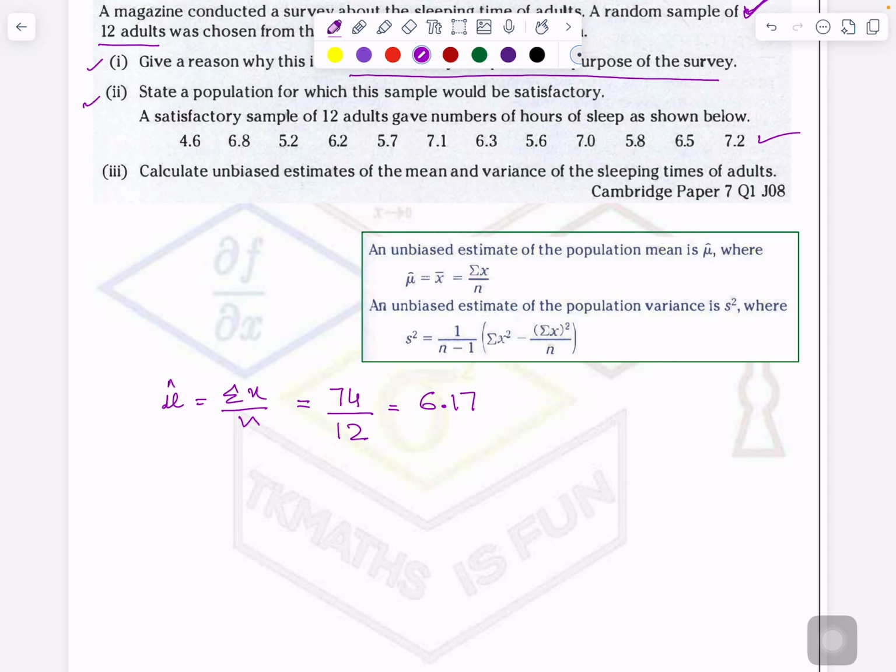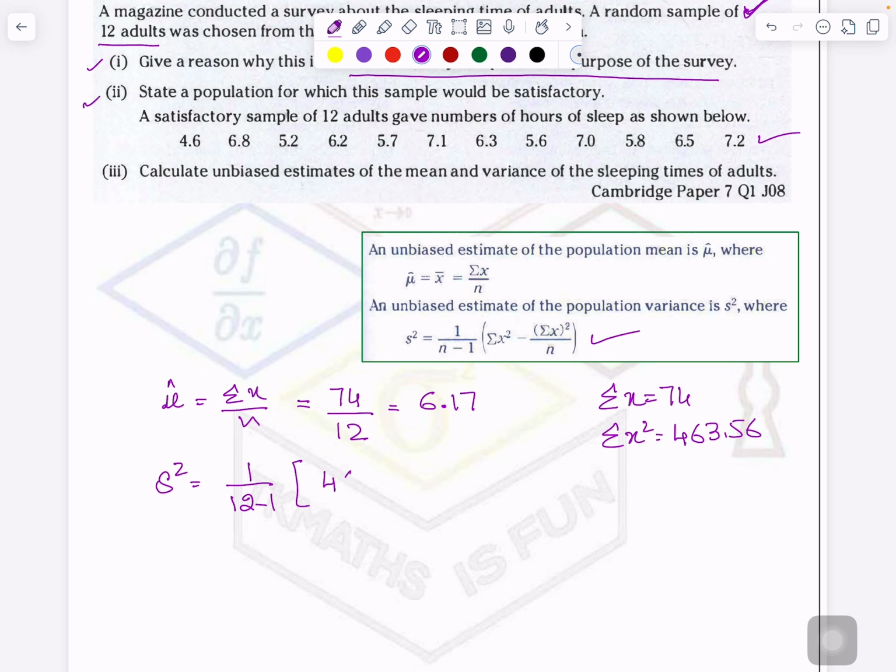Okay. Now I have to find the variance. So I will use the same formula I have written here: 1 divided by 12 minus 1, times sigma x squared. Sigma x came 74. Now let me use the calculator again. I will square all these values. Okay, give me a second. You can do it, maybe you do it faster than me. Okay, so I am getting 463.56. Now I will substitute it in the formula, which is here.